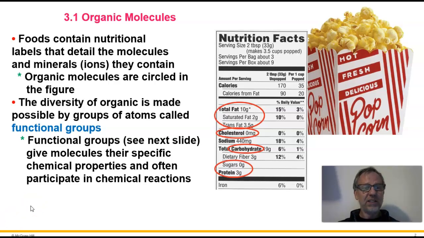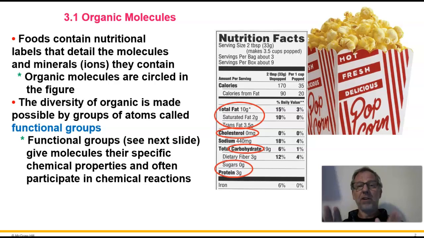Final note, as I say on the slide, functional groups give organic molecules their specific chemical properties. Functional groups in part determine how molecules chemically behave. And finally, the functional groups often are the parts of molecules that are involved in chemical reactions.